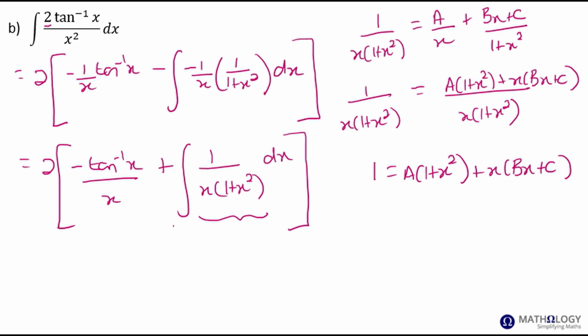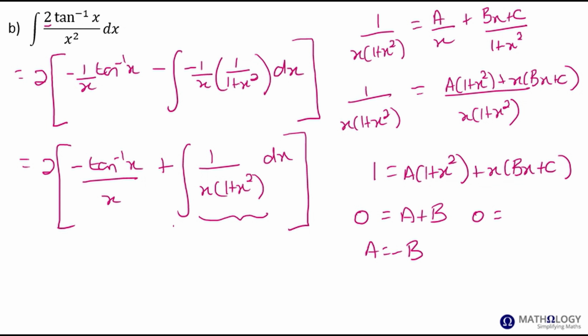And I'm just going to compare the coefficients. If we take the coefficient of x squared, we have no x squared on the left, so we have 0, and then we'll have a plus b, so a equals minus b. We're now going to compare x. There's no x on the left, so we have 0.